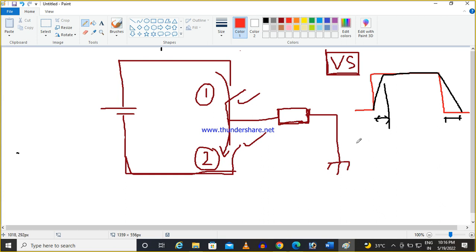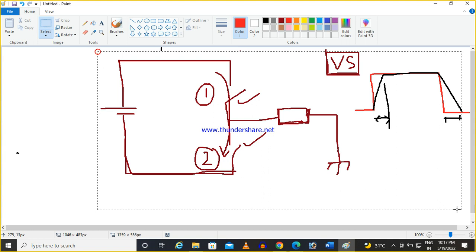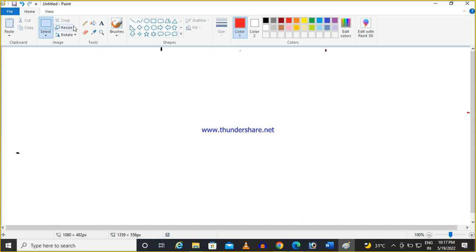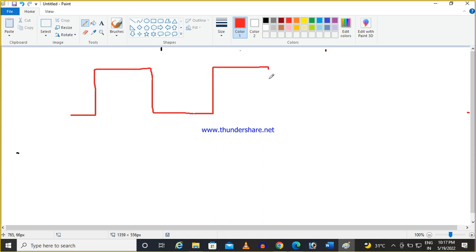So when the other switch is getting on, definitely what should be there? This is your actual microcontroller pulse, for example, and actually what is happening is like this and like this.